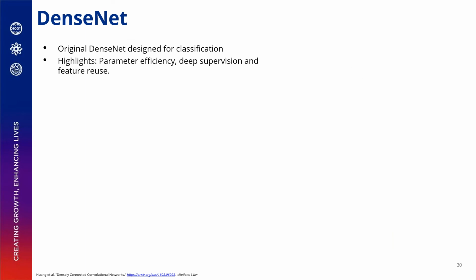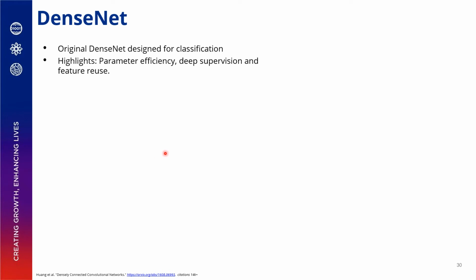The original DenseNet was designed for classification. It's a very popular paper with more than 14,000 citations. The highlight of that paper was that it introduced parameter efficiency while maintaining deep supervision, and the way it did that was by reusing the feature space.